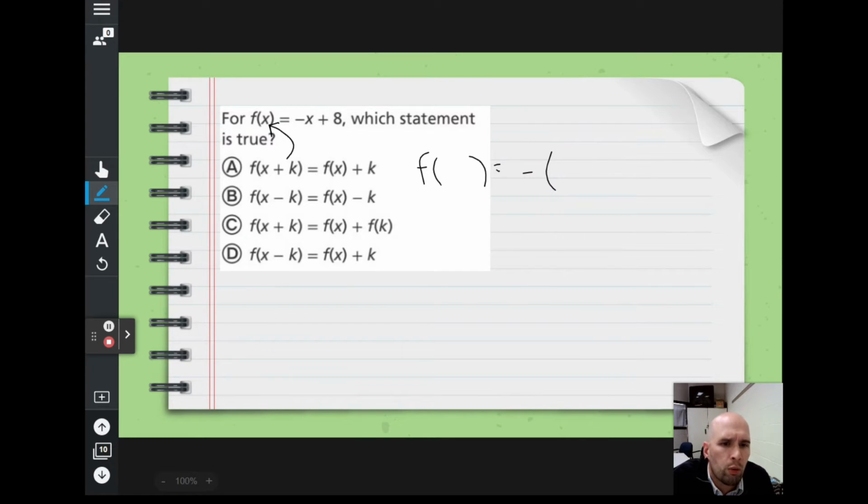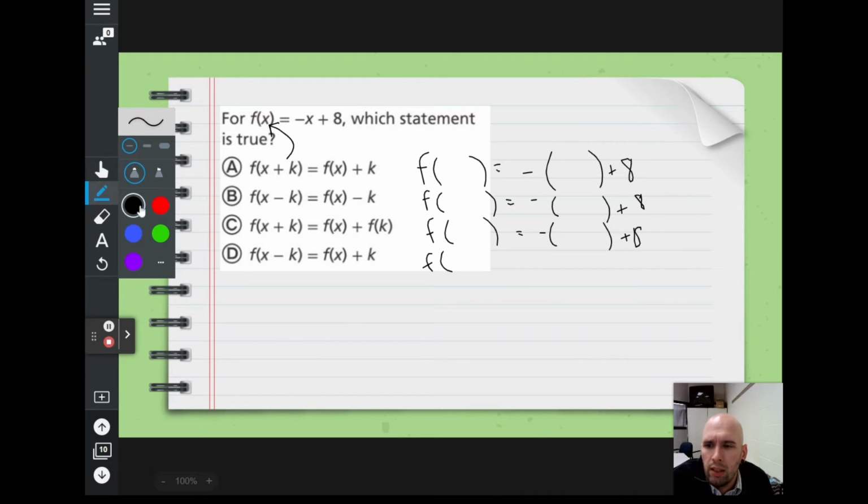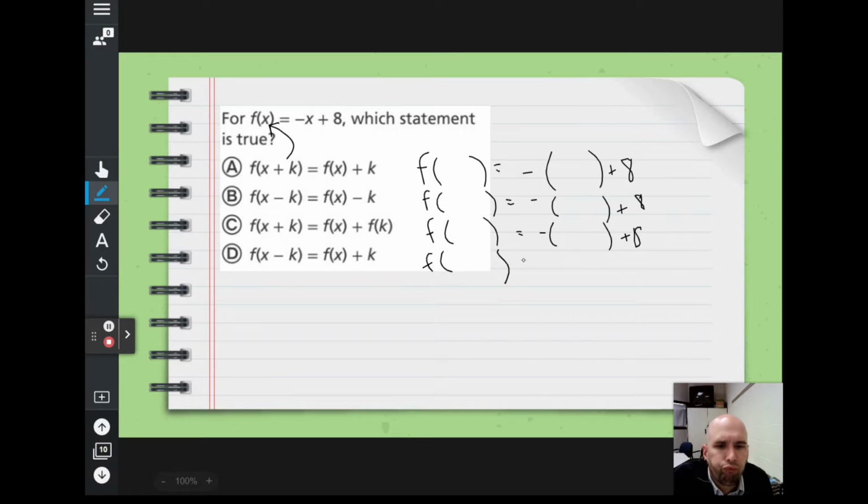I'll write it out again for each option. This computer's a bit laggy. Not a fan.